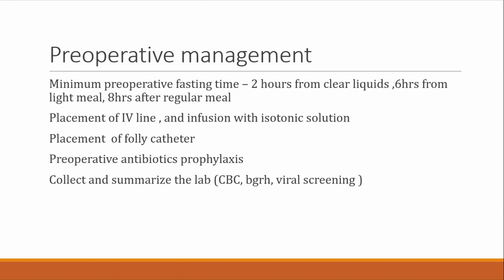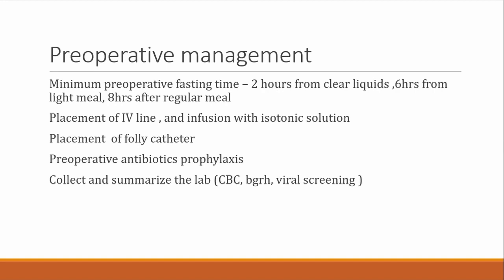And regarding the placement of a Foley catheter, there are also multiple recommendations. Recently, they are saying if she urinated, there is no need of inserting the Foley catheter before cesarean section unless it is indicated for other purposes based on her maternal condition.